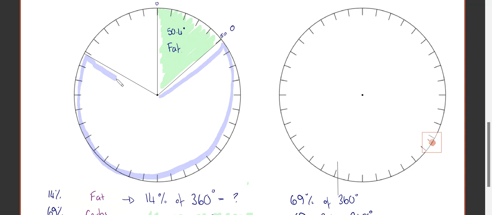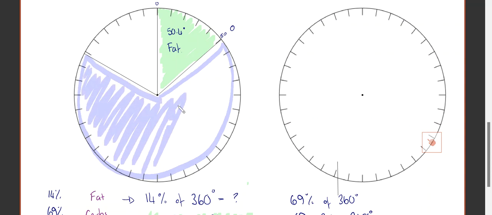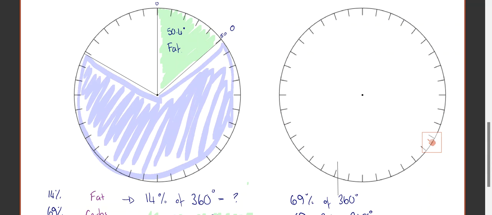See, that's what I want. That's cool. So next to that, for example, 69%, which is 248 degrees, is carbs. I would say 248 is enough to do, because you can do whole degrees on your protractor.